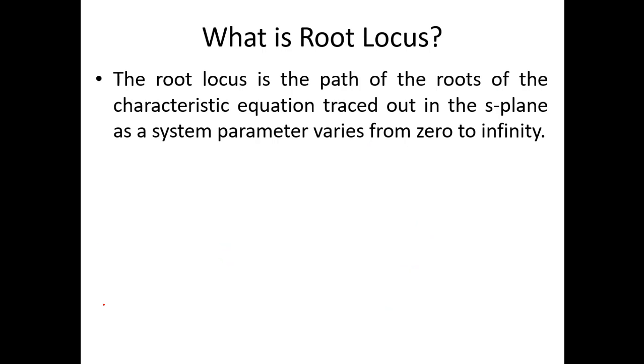So to minimize the complexity and to minimize the time, what is used is the root locus. The root locus is the path followed by the roots of the characteristic equation, traced out in the S-plane as a system parameter varies from 0 to infinity.